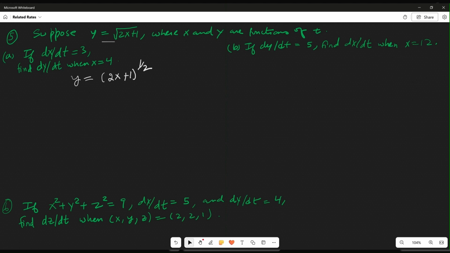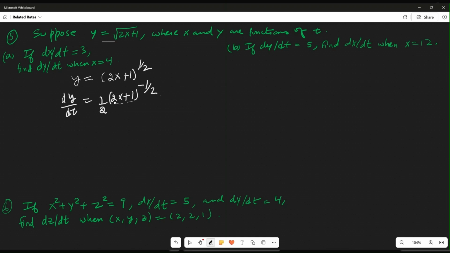This is much easier to see the power rule being applied here. Take the derivative, power in multiplication, and this is going to be power negative 1/2. Since this is a related rates problem, don't forget you take the derivative of the inner function as well.